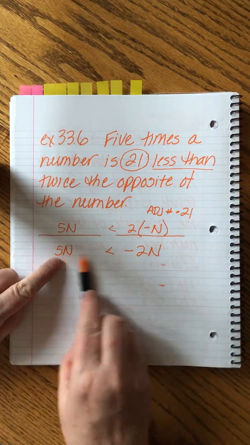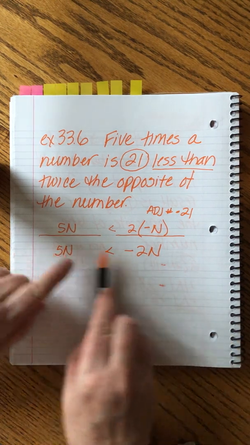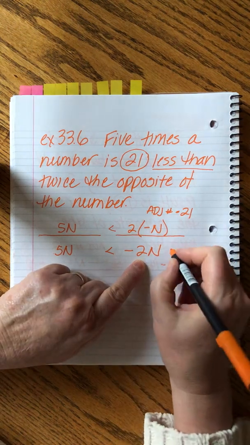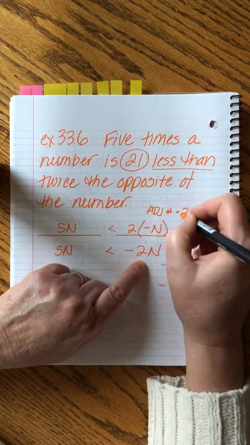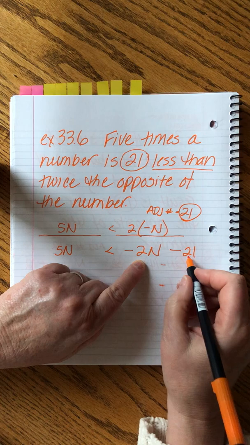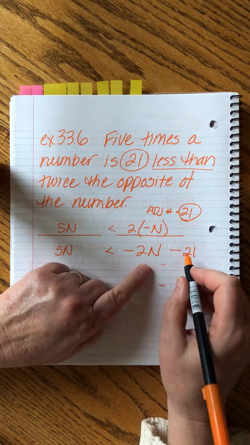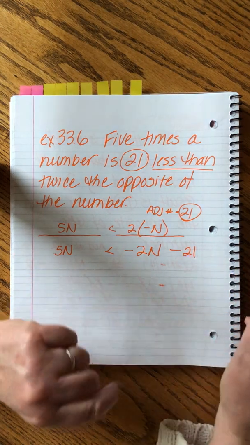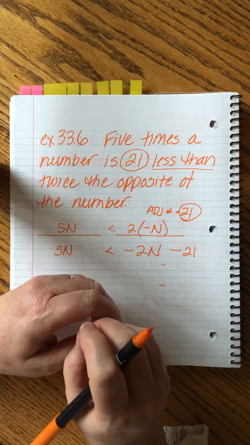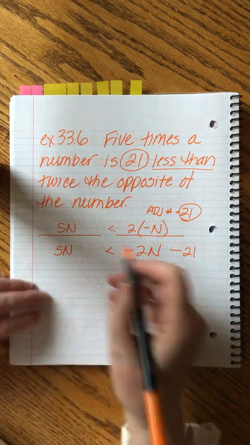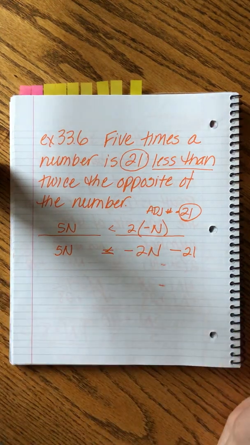I can see that because this sign tells me that this side is smaller, this side is larger, so I know I need to subtract the 21 from this side in order to get them to balance. All right, and now that I can do this, I just write it right over the top.